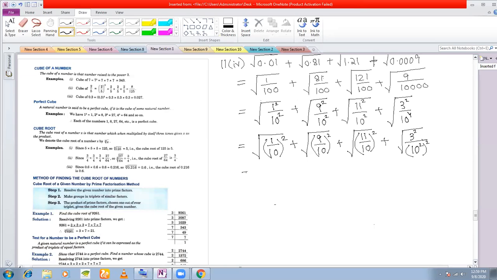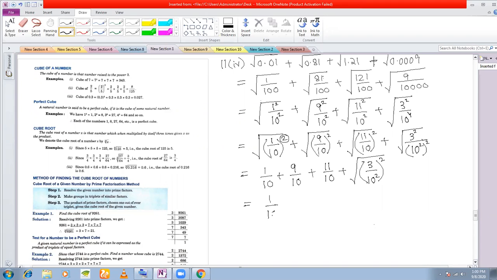Okay, so now what happens? Because of this whole square, we can remove the radical. So this becomes simply 1 by 10. Similarly, 9 by 10 whole square simply becomes 9 by 10, and 11 by 10 whole square simply becomes 11 by 10. And this one you can write as 3 by 10 square whole square.